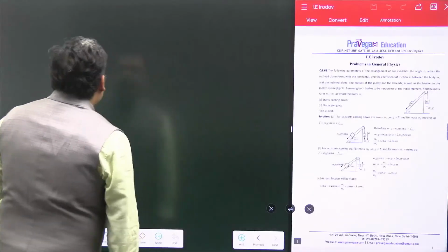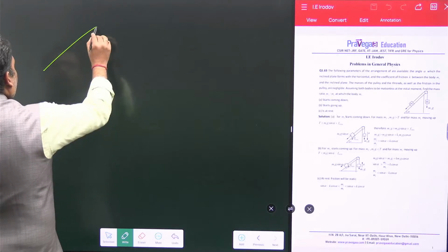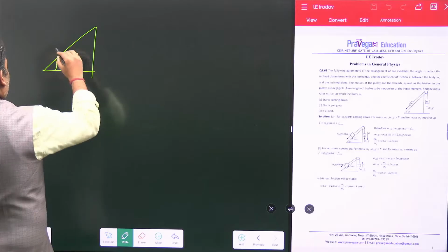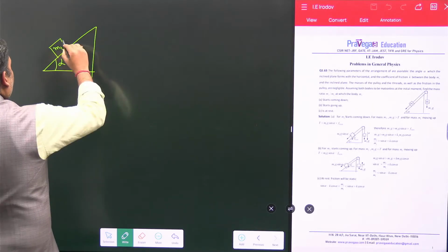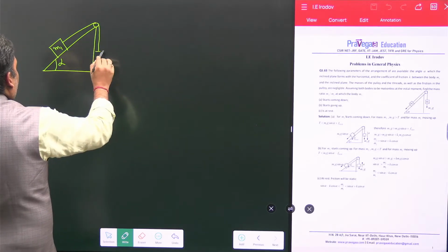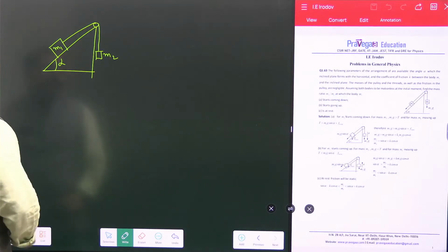So I have this kind of situation. This is my wedge. This angle is alpha. There is a particle m1 and there is another block, m2.